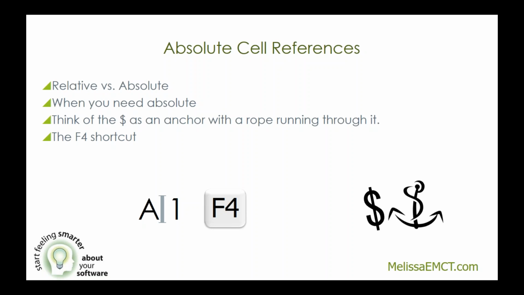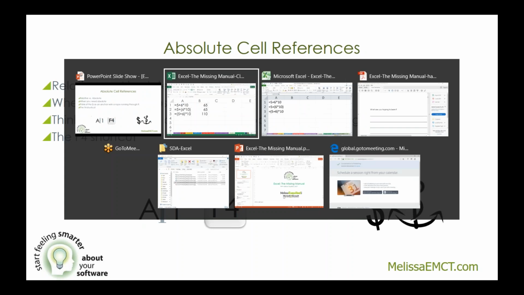Relative cell referencing is the default way in which Excel works, which is why when you copy a formula down, it's A1 plus B1, and you copy it down, it becomes A2 plus B2, A3 plus B3. That's relative cell referencing. Sometimes we don't want that cell to increment, and what we need to do is create an absolute cell reference. Let's take a look at that.